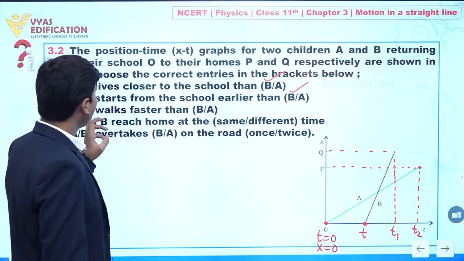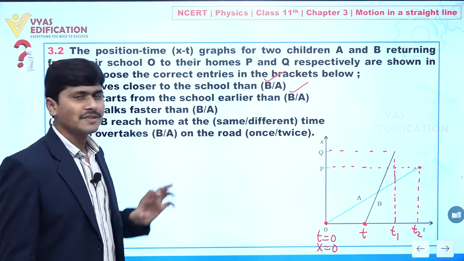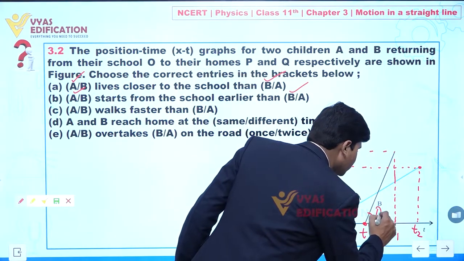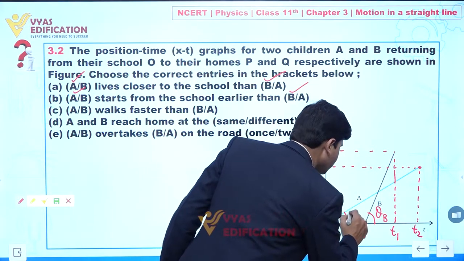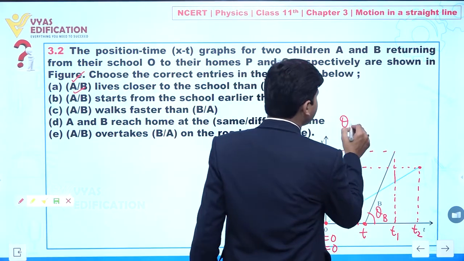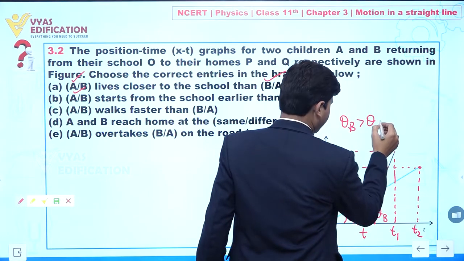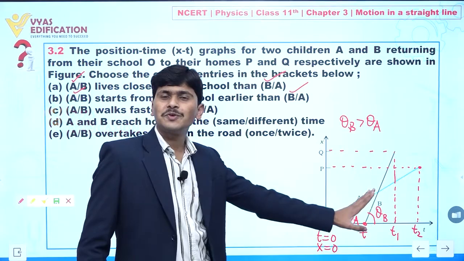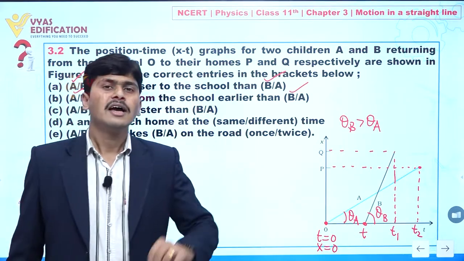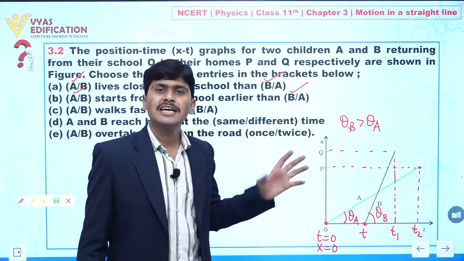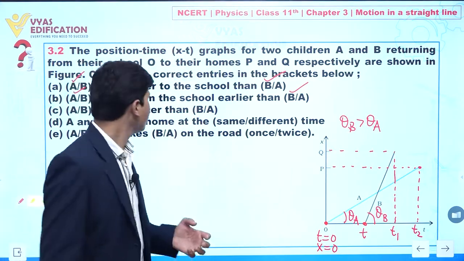Okay. Now which one walks faster than which one? If we consider the slope, let's suppose this is theta B and this is theta A. We can say directly theta B is greater than theta A. This is an xt graph, and the slope of an xt graph provides speed.